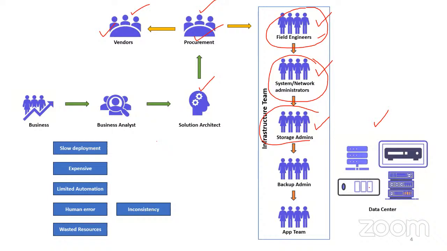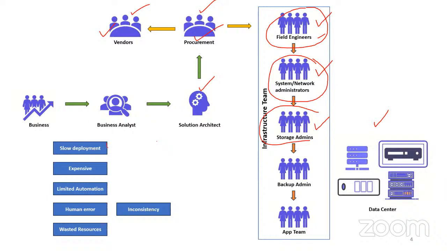So you are buying some 100 GB of storage, but you are only using 20 GB of it. Such things are going to happen, which we call underutilization of the compute resources. So when you are working in a traditional working model, the turnaround time varies from weeks to months. That's what we call a slow deployment model, and it is a very expensive model.